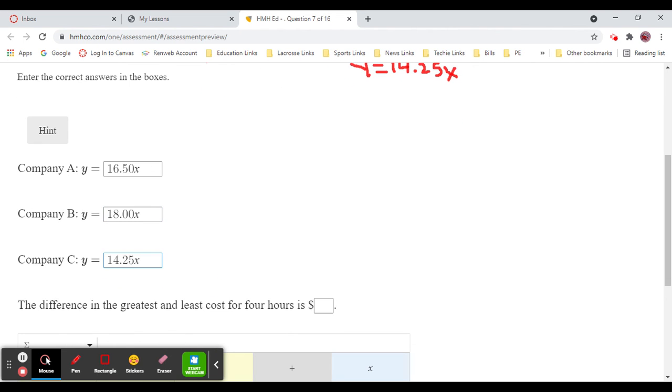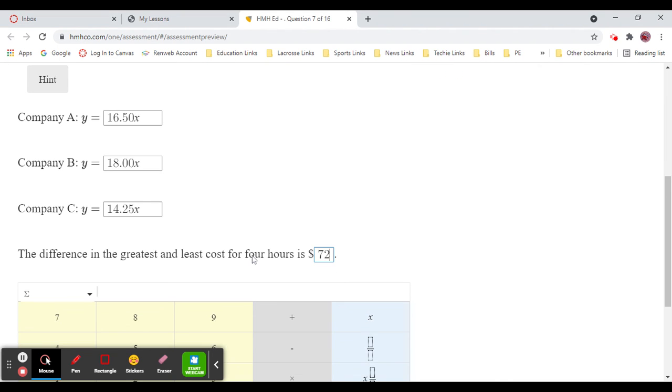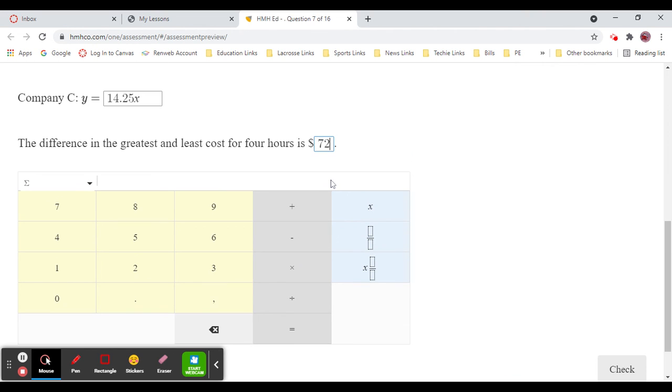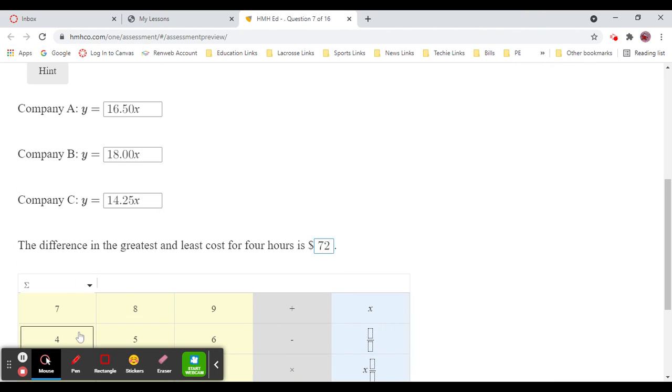So 18 times 4. Let's see, 18 times 4, of course, is 72. All right. And then 72, well, hold on one second. 72. And then the least cost, 14.25. 14.25 times 4, that's 57.